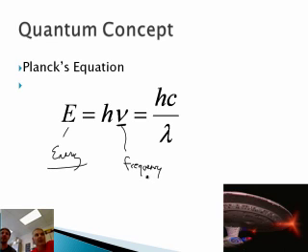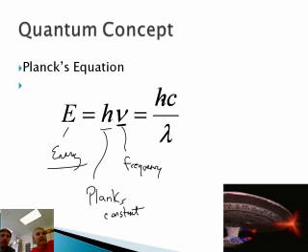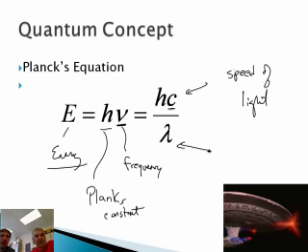It looks like a funny-looking V. H is called Planck's constant, from Planck's equation, Max Planck. I'll tell you what that is in a minute. And then C is the speed of light. And another Greek symbol is lambda, which is the wavelength.